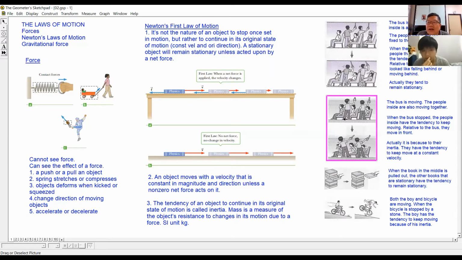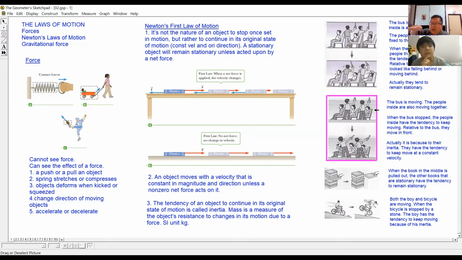Now, let us look at the second case. The bus is moving. When the bus is moving, the people inside are moving together with the bus. Two of them moving together. Suddenly, let's say the bus driver steps on the brake, so the bus stops.